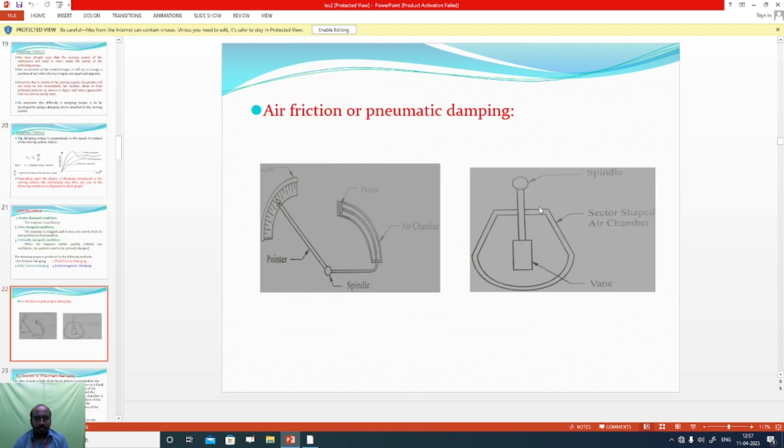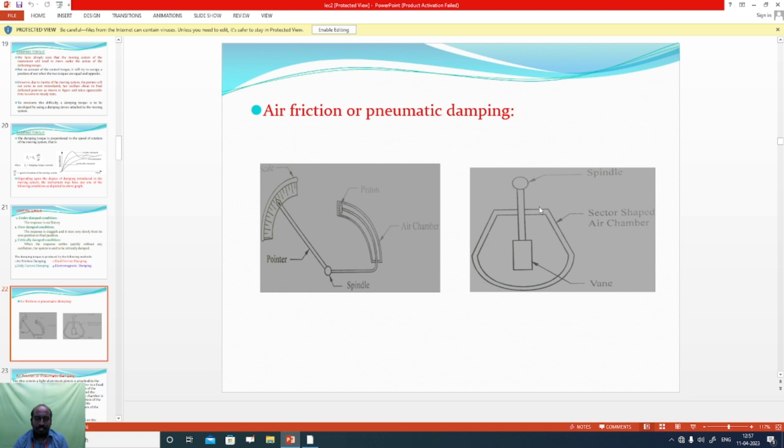There are four types of damping which can be produced. One is by using air friction, or pneumatic damping, which uses air.